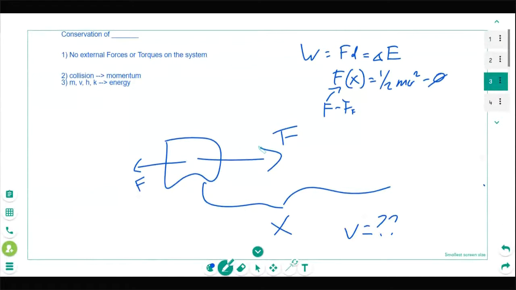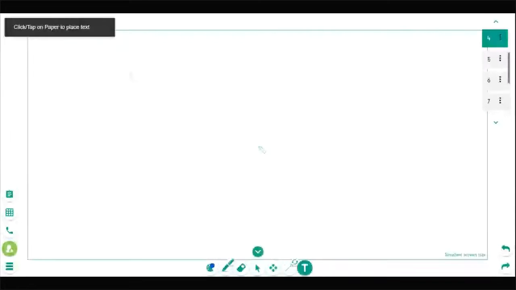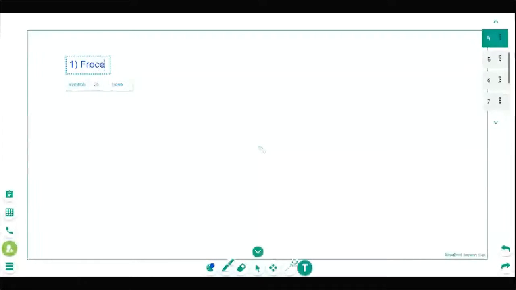So again, if you want to talk big topics, these are the ones that I typically tell my kids. If you don't know where to start on a question, these are kind of the go-in-order options. One, I always tell my kids, let's try forces first. Am I talking about F equals MA or something along those lines? If that doesn't work or you're not told forces, let's try energy.